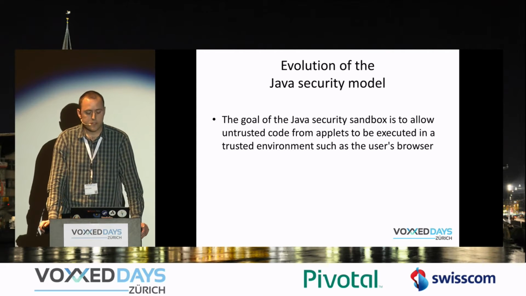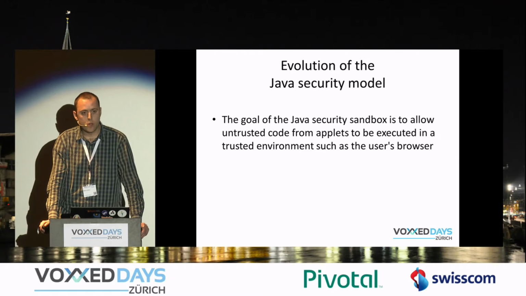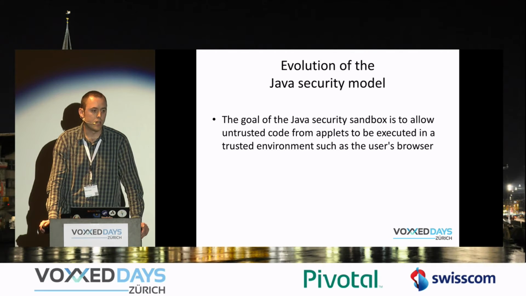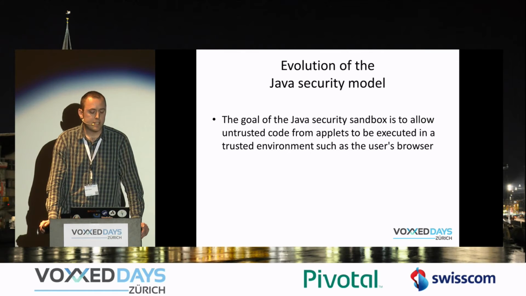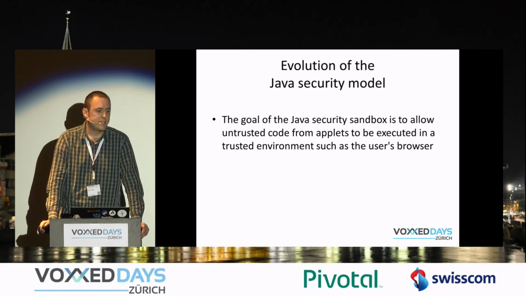The goal of the Java security sandbox model is to allow untrusted source code loaded in the browser to be executed securely in a trusted manner in the user's browser. And the Java security sandbox model applies not only to applets, but to source code loaded by, for example, application servers or other types of managed environments, such as an OSGi container and so on.